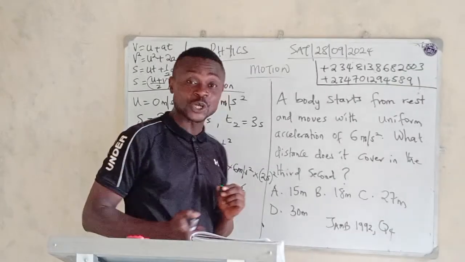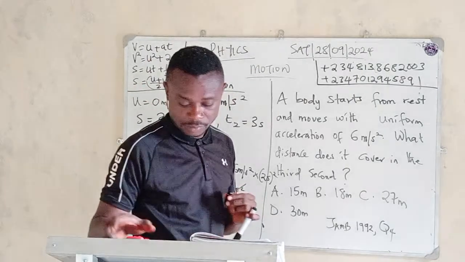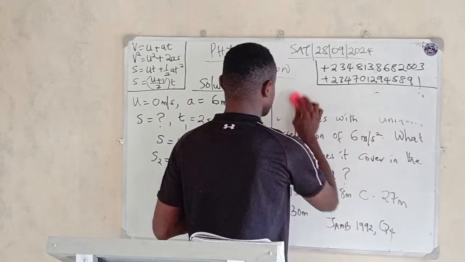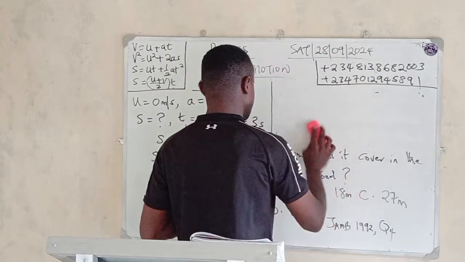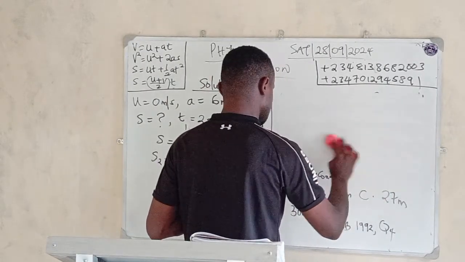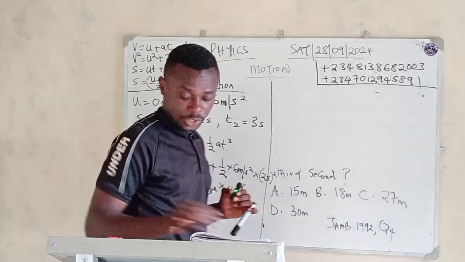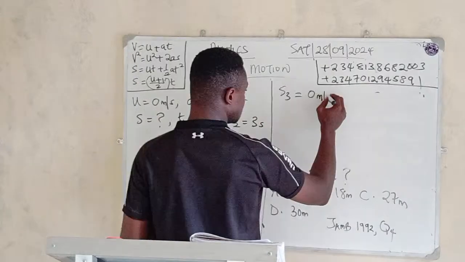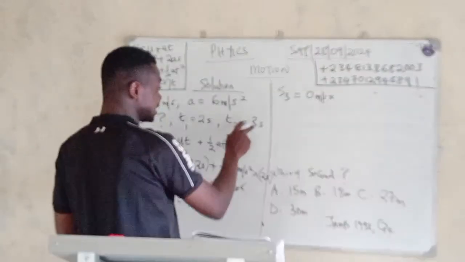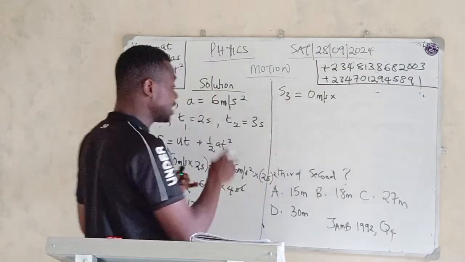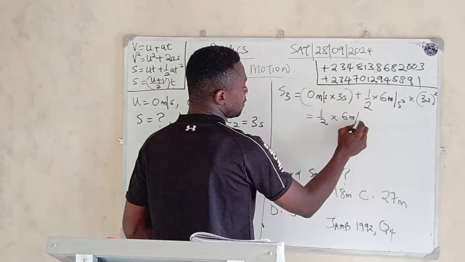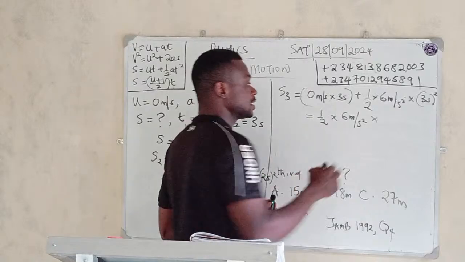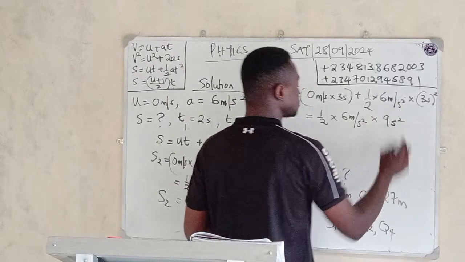So let's find the distance covered in 3 seconds. Permit me to clean the questions from here, because of space. All right. So let's find the distance covered in 3 seconds. So S3 is half times 6 meters per second squared times 3 seconds squared, which is 9 seconds squared.